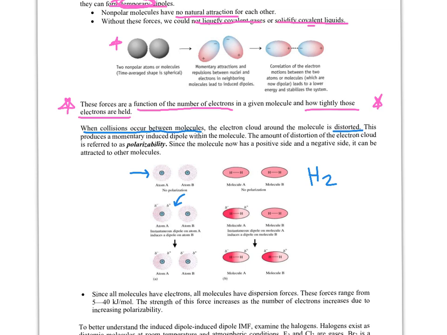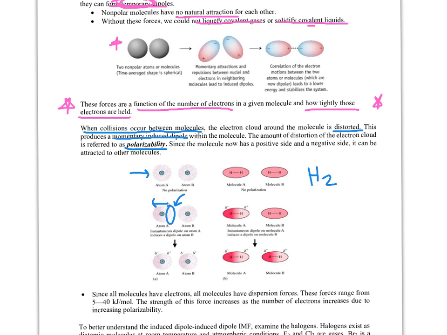That's showing that the electrons have shifted more towards the other side. So that's what it means when it says polarizable. It's a momentary induced dipole. The amount of distortion of the electron cloud is referred to as polarizability. The more distortion there is, the more polarizable it is.